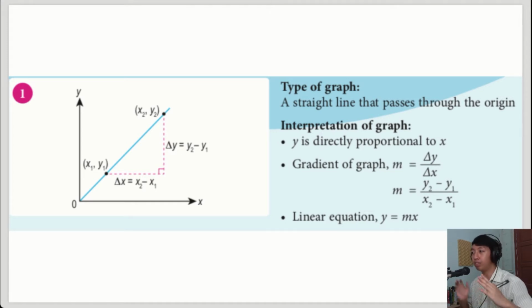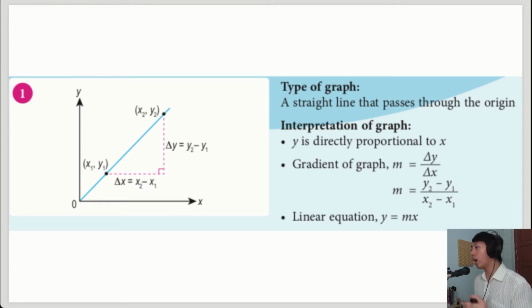That is the answer. This kind of graph, the answer is y is directly proportional to x. Okay, and gradient of graph, kita boleh kira gradient menggunakan formula ini. And kalau kita tulis graph ini dalam bentuk linear equation, we would write y equals mx.